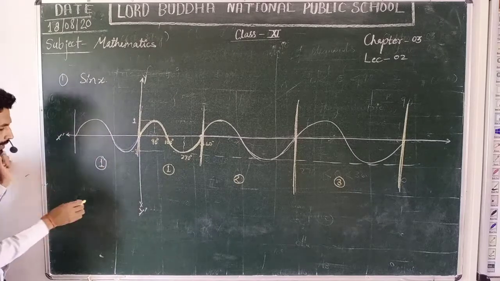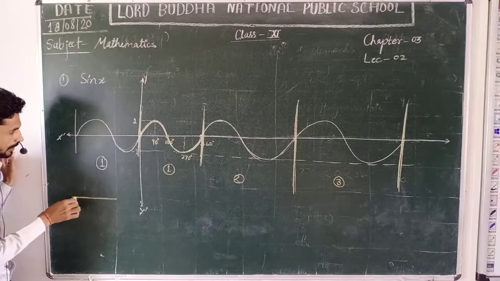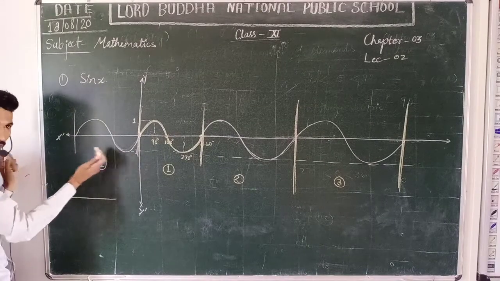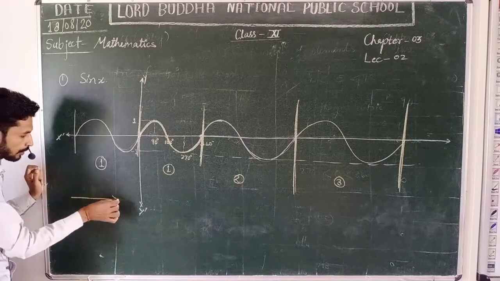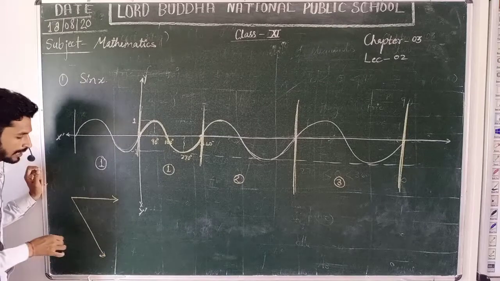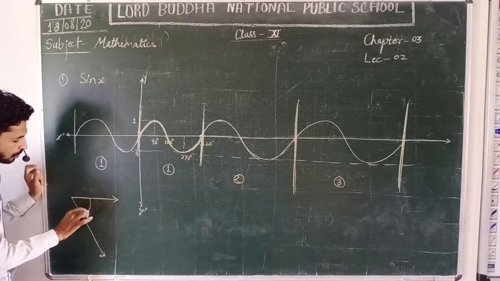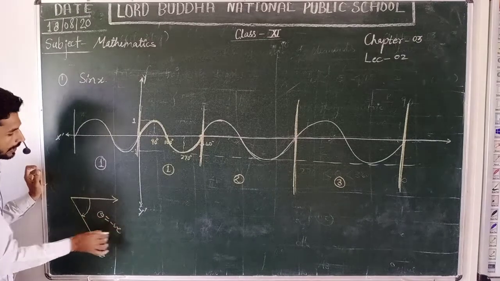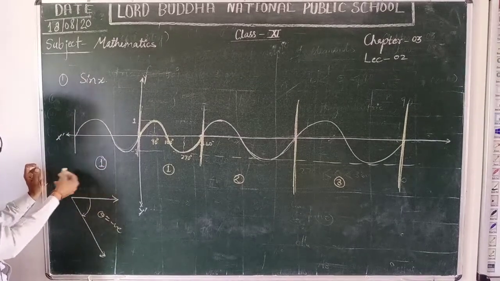But remember that in this condition the value should be negative. The value of all angles should be negative. Suppose this is the initial side and this is the terminal side. If we go in the clockwise direction, then the value of the angle will be negative, so write here negative angles.